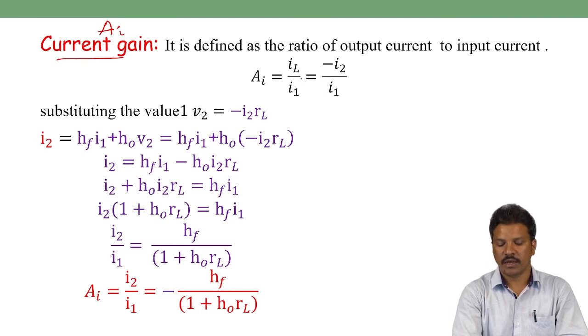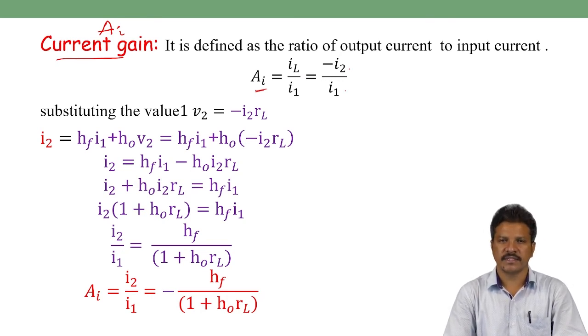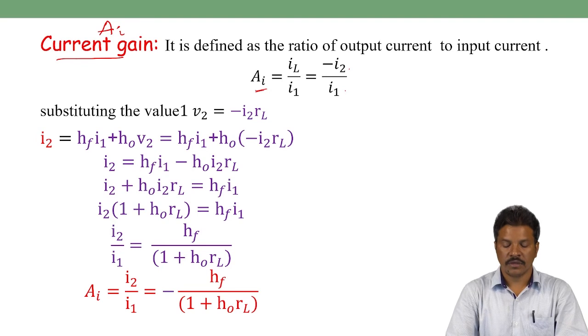As we know, the load current direction is opposite to the port current, so we can represent IL is equal to minus I2. So AI is equal to minus I2 by I1. It is defined as the ratio of output current to the input current, which is equal to minus I2 by I1. This definition we can apply to the analysis.